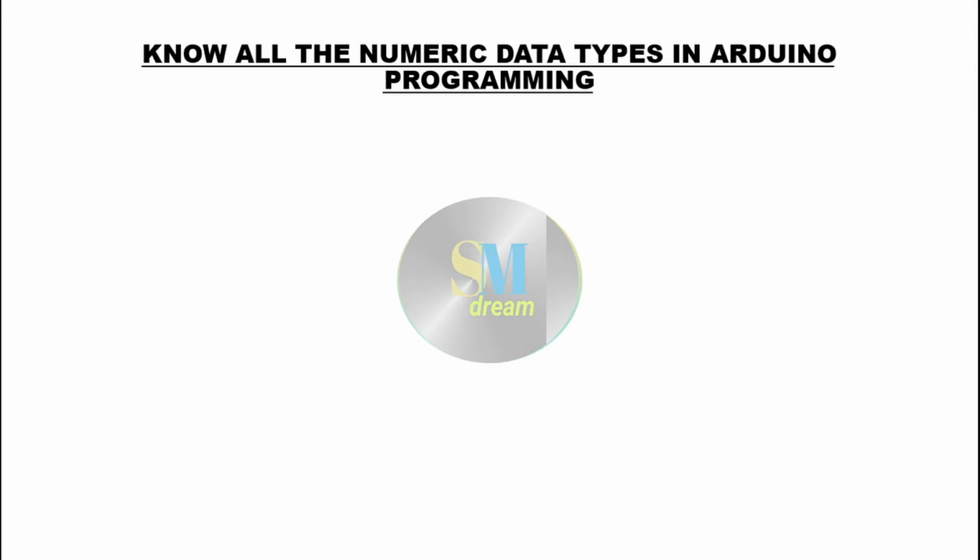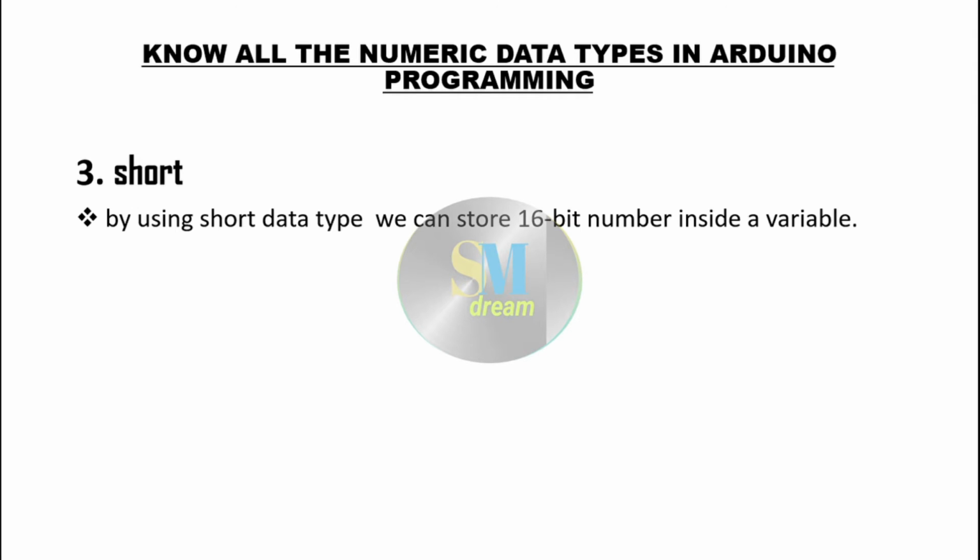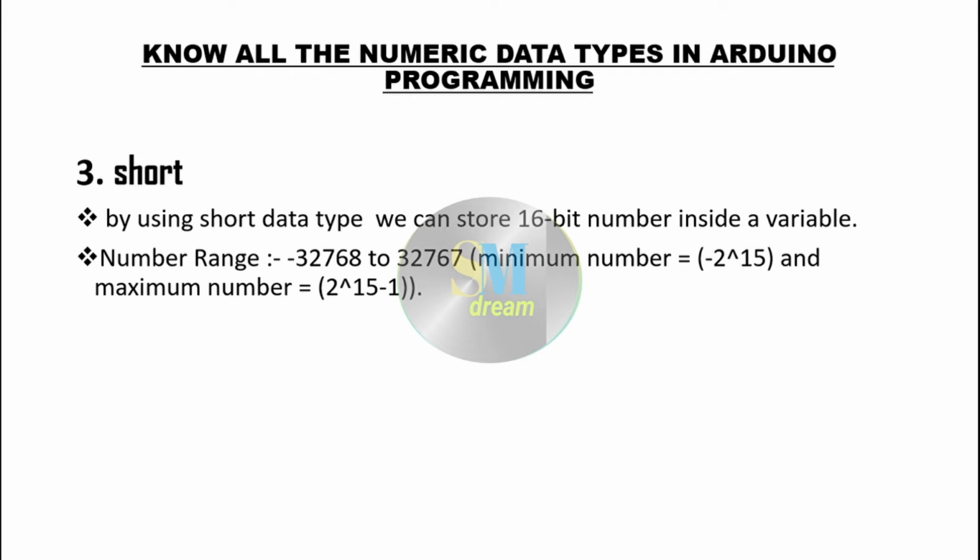Next is short. By using the short data type, we can store a 16-bit number inside a variable. Here you can see there is no mention of unsigned, so you can store negative numbers as well. The number range is minus 32768 to 32767.